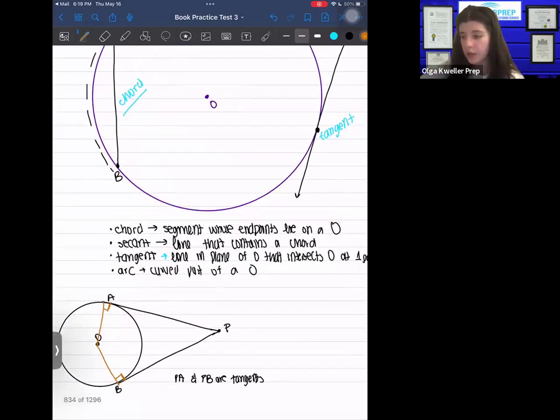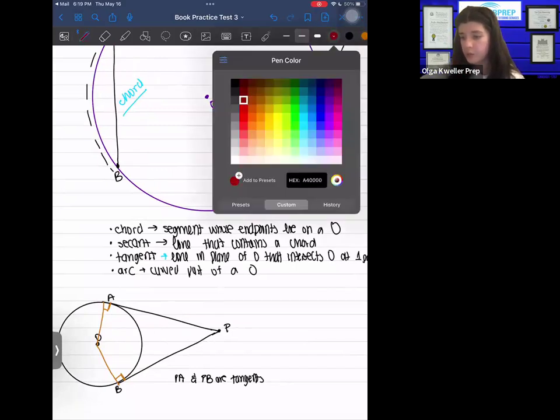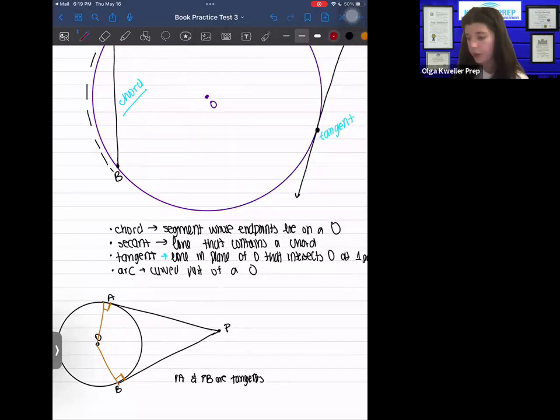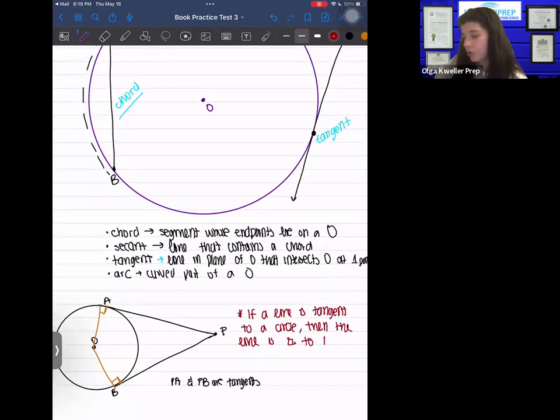So this is one thing that you guys have to sort of memorize. This is one theorem. I'll write it out for you guys. If a line is tangent to a circle, then the line is perpendicular to the radius at the point of tangency.